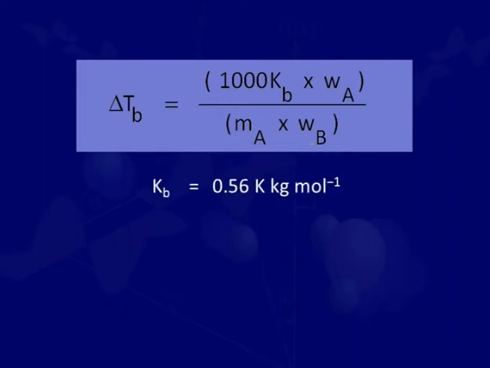Kb is given 0.56 Kelvin kg per mole. Wa, that is weight of solute, is given 6.0 grams. Wb, that is weight of solvent, is also given 200 grams, and molecular mass of solute, that is the molecular mass of urea, is equal to 60.